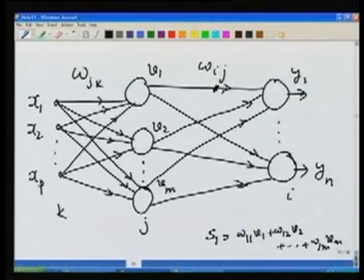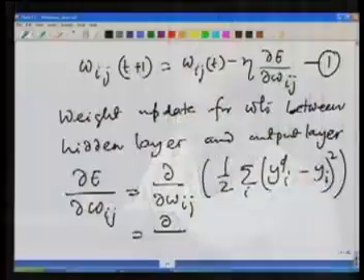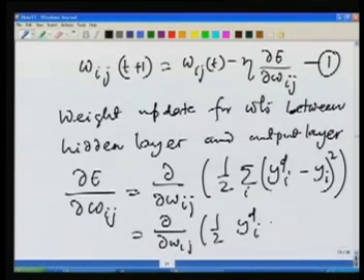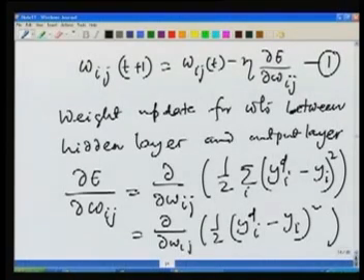You can very well see Yn is not a function of W11. So, once you are very clear about that, I can write this one as del by del Wij of half y d I minus y whole square. Other terms are not relevant.